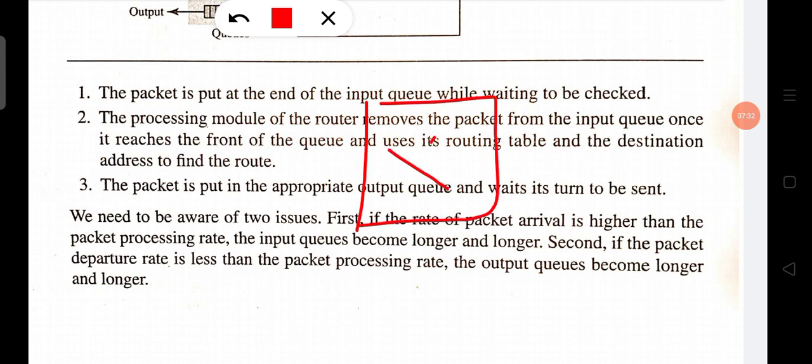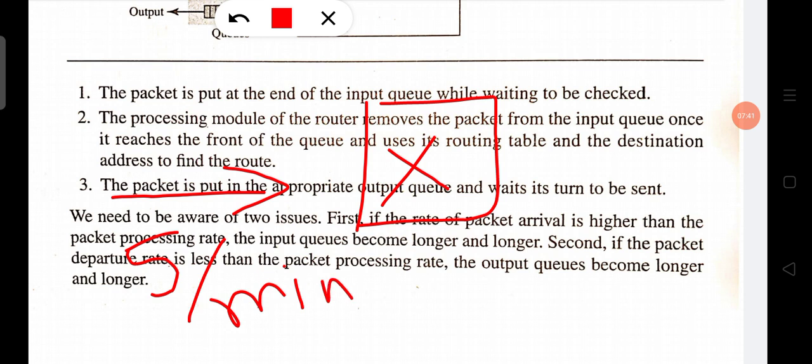Let's say this is the router, and the incoming packet rate is 5 packets per minute, but the processing rate of the router is 2 packets per minute.